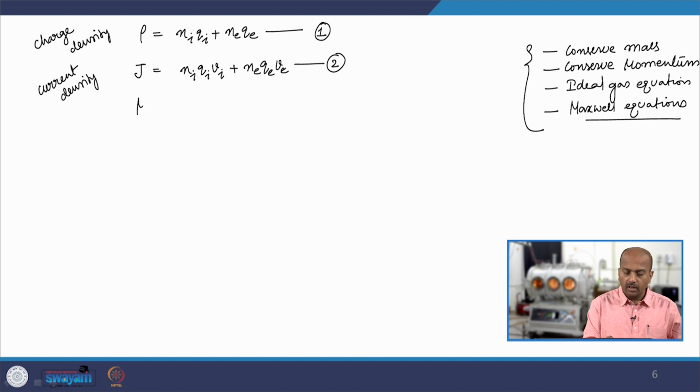Then we will need the momentum equations. Right.